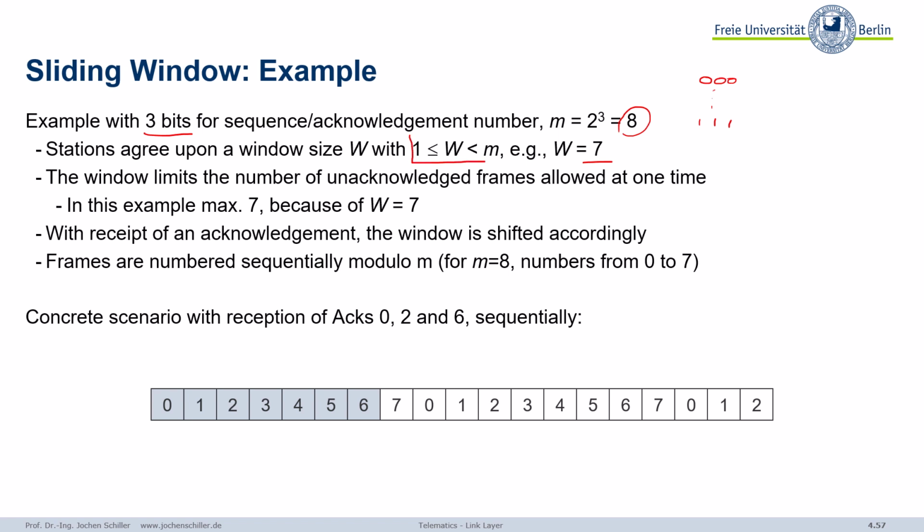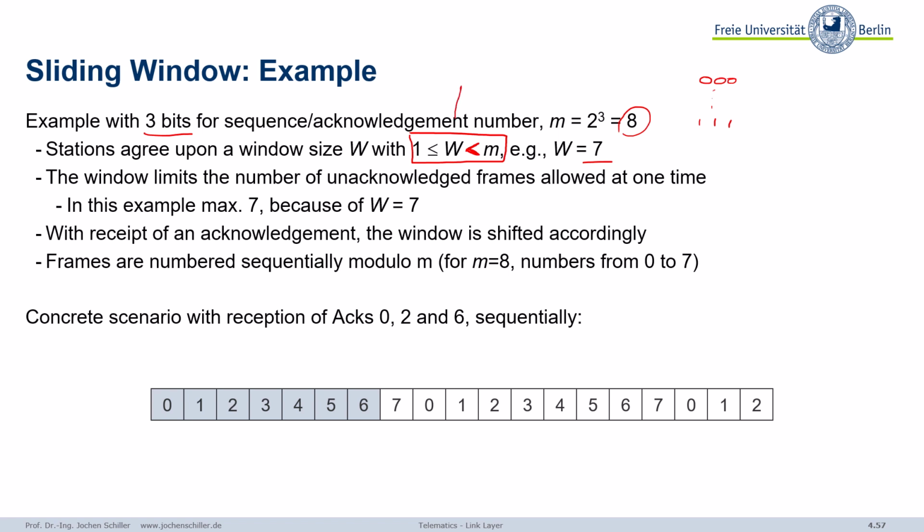Here it has been noted the window size at least has to be 1, because otherwise I cannot send anything. So the window size must be really less than, not less or equal to, the maximum sequence number M, which was 8.